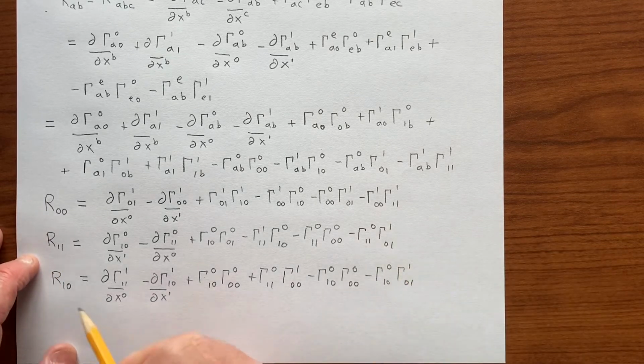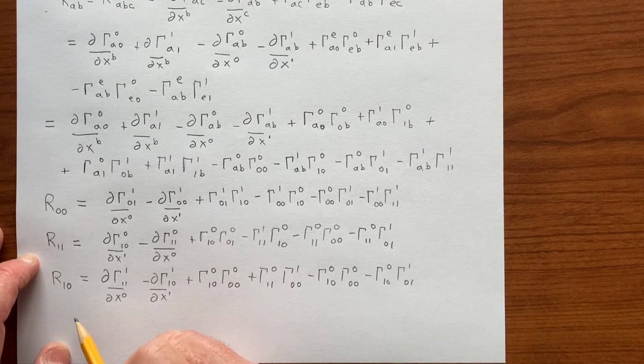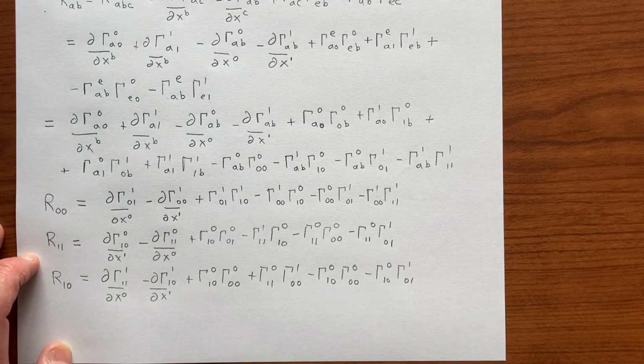And we could do R01 and show that it's the same as R10. R_AB is symmetric. Okay, so now we have to evaluate these.